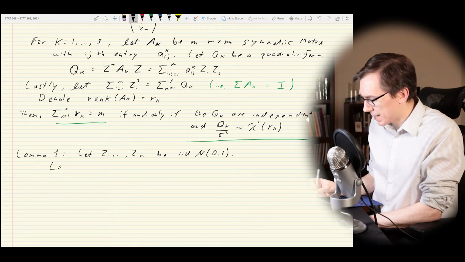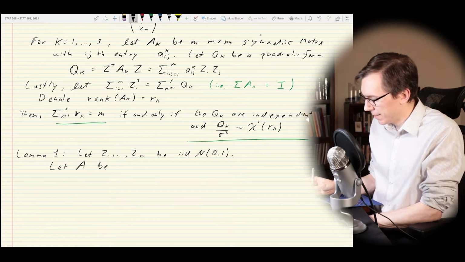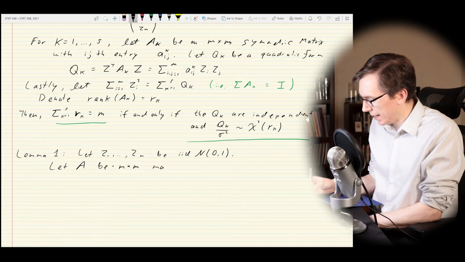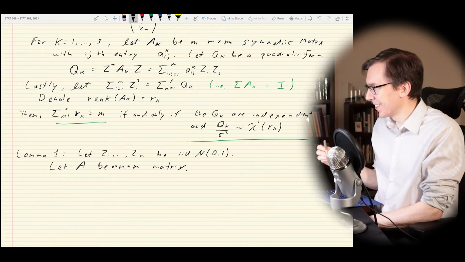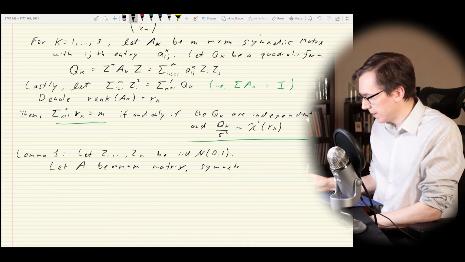And then what we're going to say is let A be an m by m matrix, and symmetric, i.e., A is equal to A transpose.